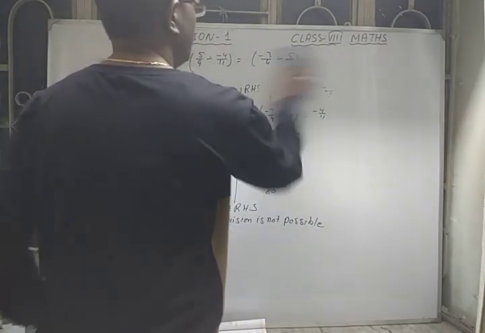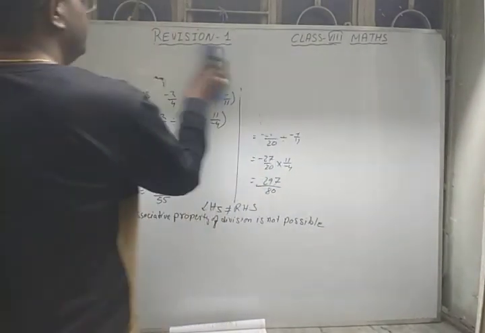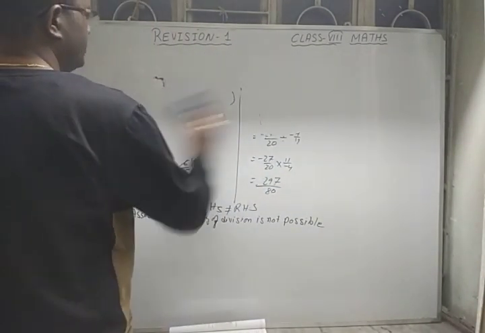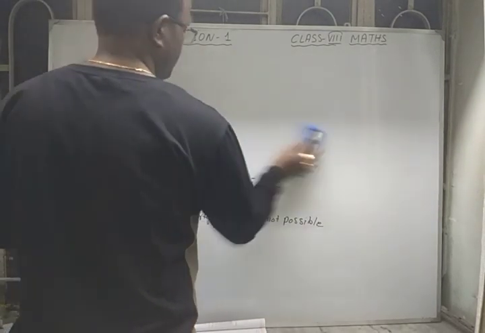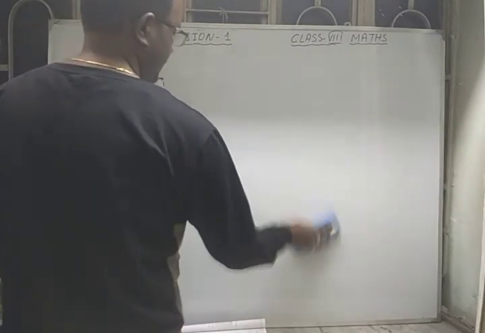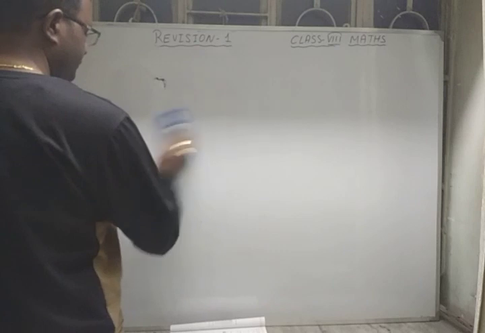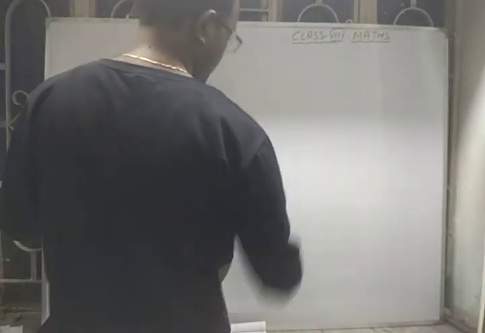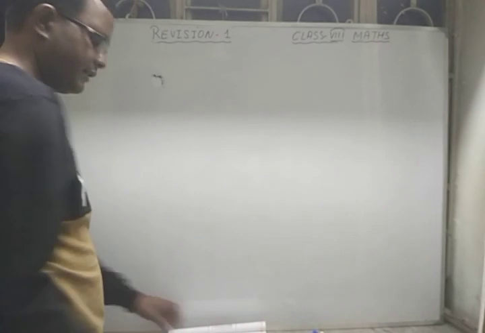Now I will do one question from compound interest. These are a few types of sums which may come in your exam. So go through these types of sums and practice them for your exam.